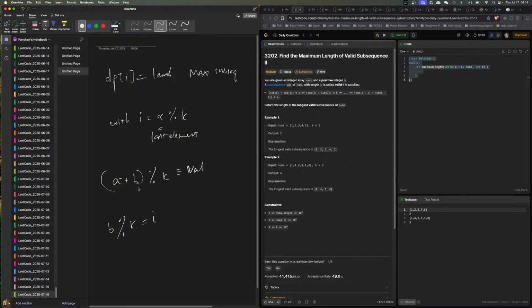So a plus b mod k equal to something, and b mod k is equal to something. I feel there is some modulo stuff going on here. I don't know.